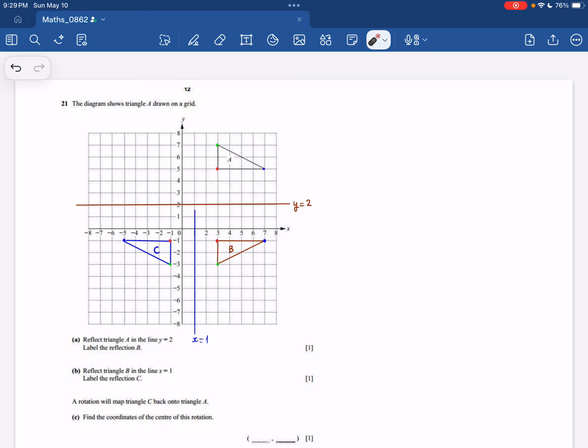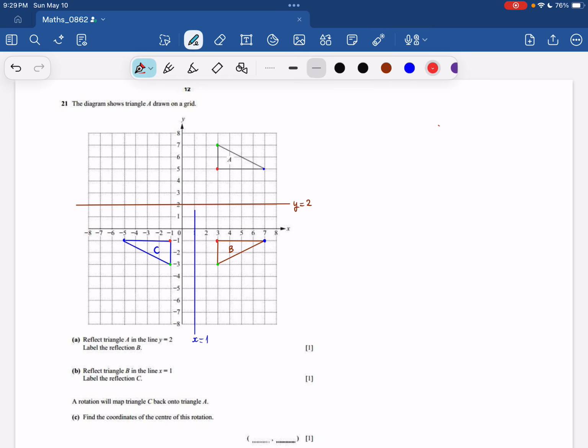Next, there's a rotation that will map triangle C back onto triangle A. When we need to do a rotation, we need a center of rotation. So what does it mean? For example, you can imagine you have a rock.